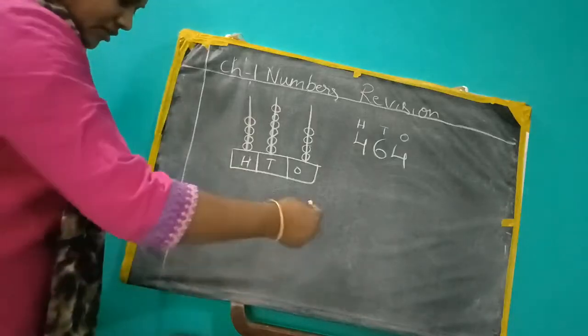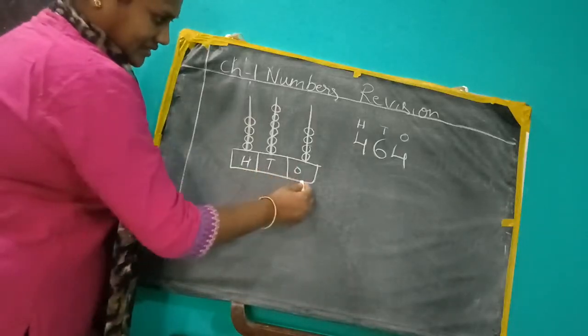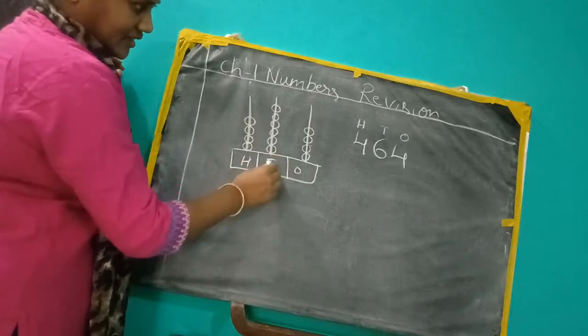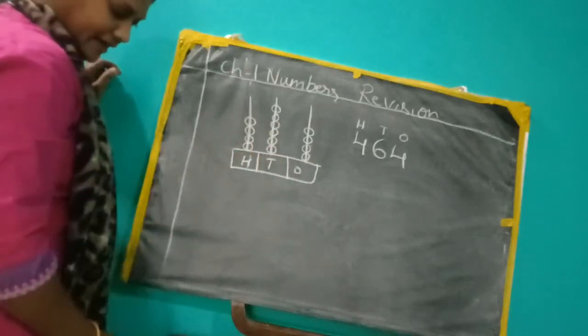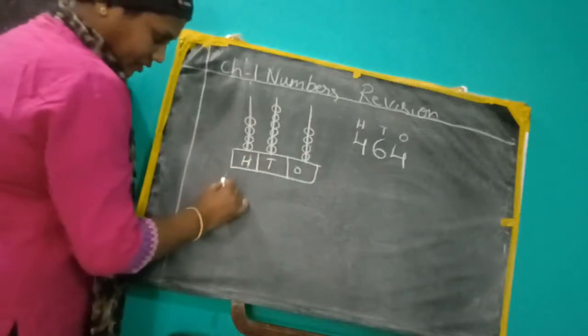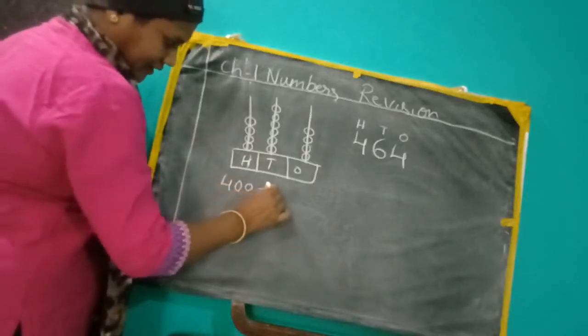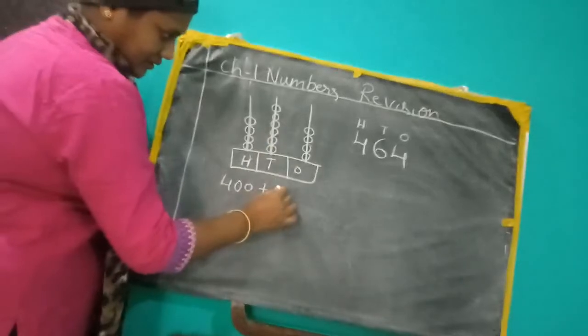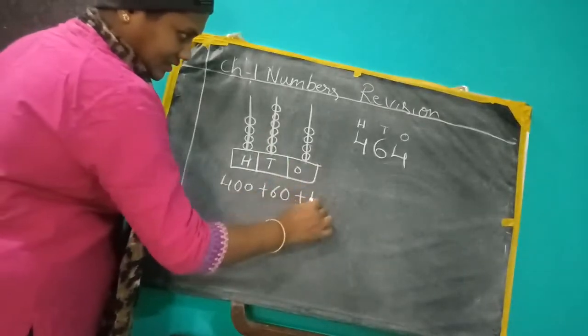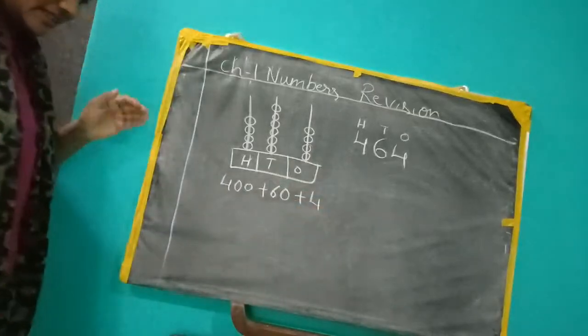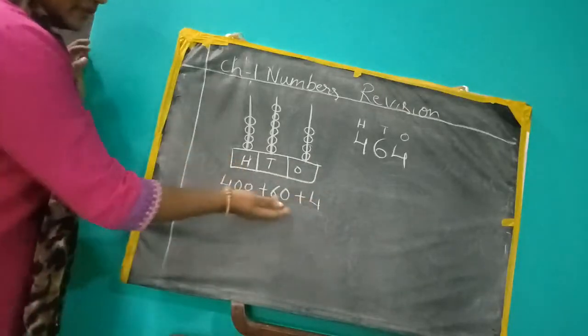See children, how many ones? 4 ones. How many tens? 6 tens. How many hundreds? 4 hundreds. So 400 plus 60 plus 4. This is the expanded form.